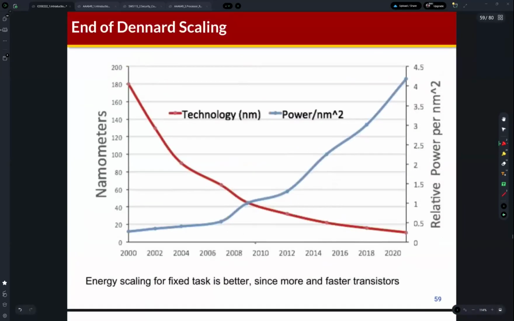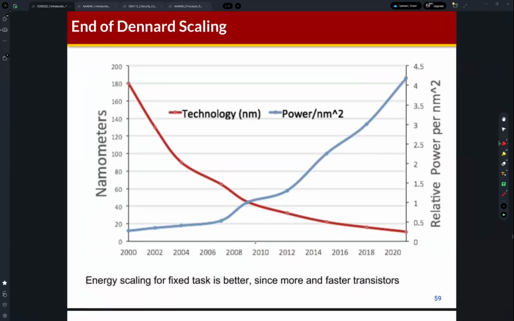But this is the real trend. You can find the two y-axes, the technology node and the power density, the power per square nanometer.